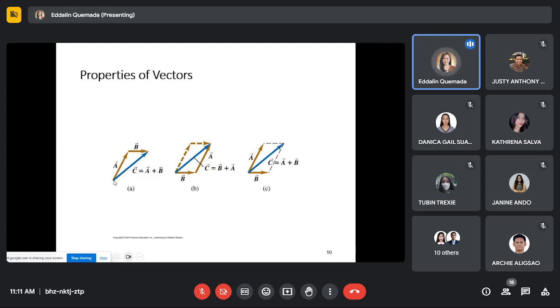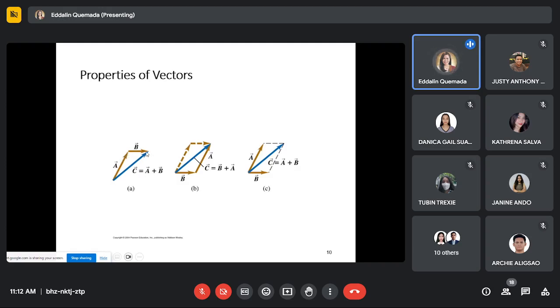And if you can notice, the way vectors are being added is by means of head to tail, just like the given experiment. Right? It's head to tail because the second vector, class, is added right next to the arrowhead of the first vector. The given vectors are simply connected.